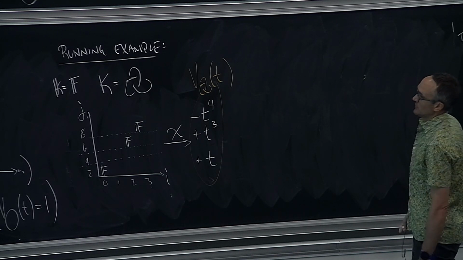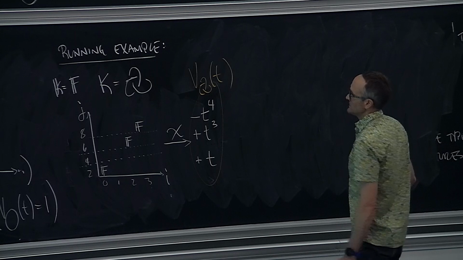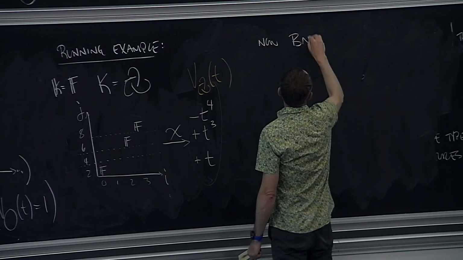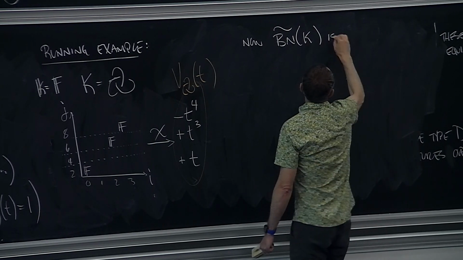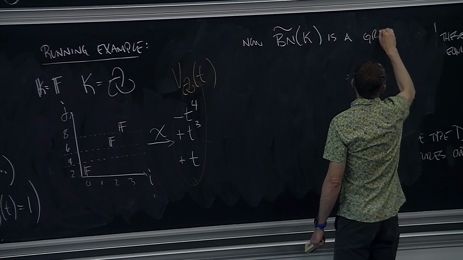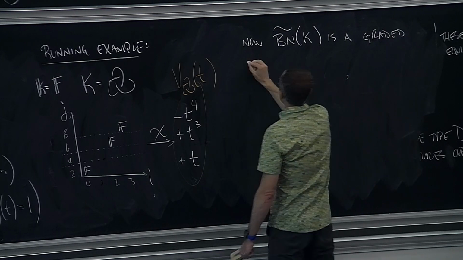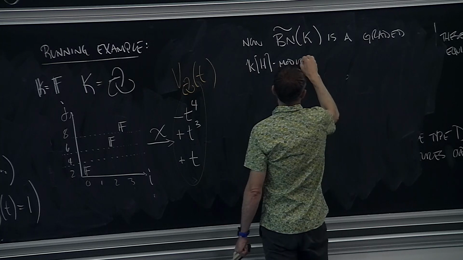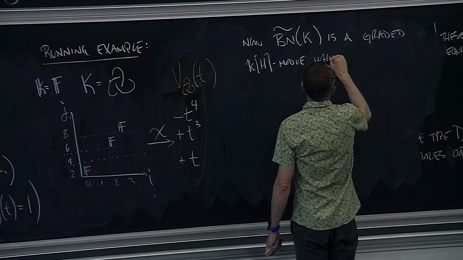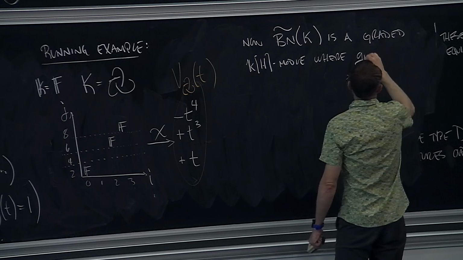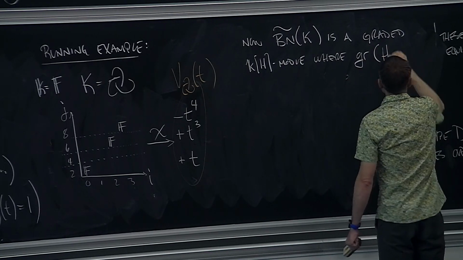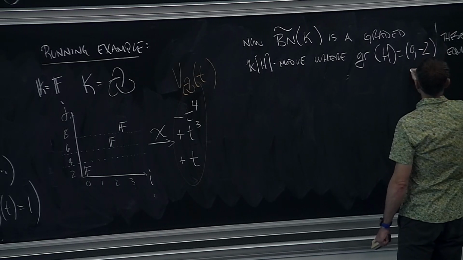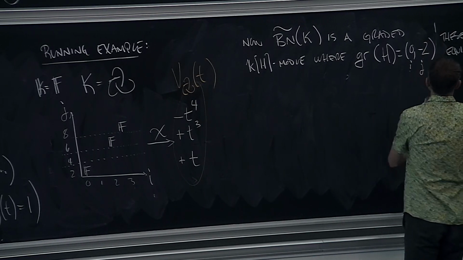Great. So now what is Bar-Natan homology? So now this is a graded KH module where the grading of H is minus 2 in the second entry, so this is 3.